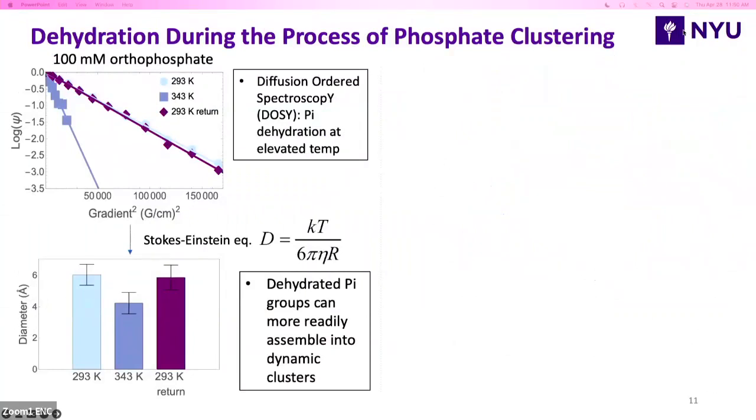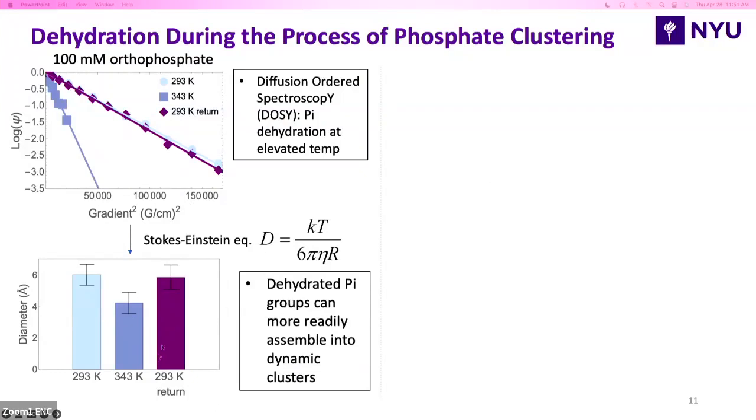Having established that the larger phosphate assembly exists in the aqueous solution, we next explore the potential mechanism for the assembly, in particular temperature behavior. And we performed phosphorus DOSY NMR on the orthophosphate solution. And the plot of the hydrodynamic diameter as a function of temperature is converted from the diffusion coefficient plot by using the Stokes-Einstein equation.